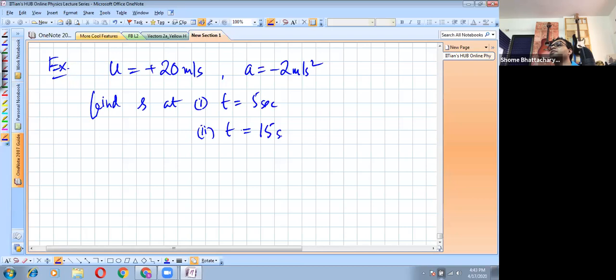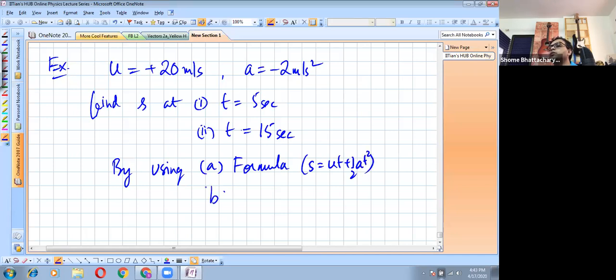Now to verify what I have done over here, I want you to do this calculation by using, in the first case, formula method. Just use the formula s is equal to ut plus half at square. And in the second case, for both these parts, I also want you to find by the graph method.